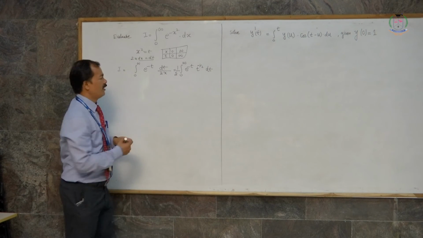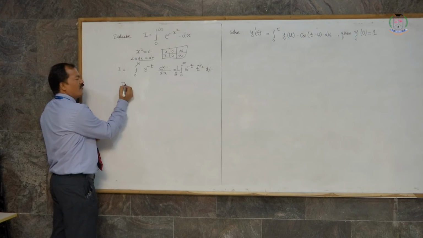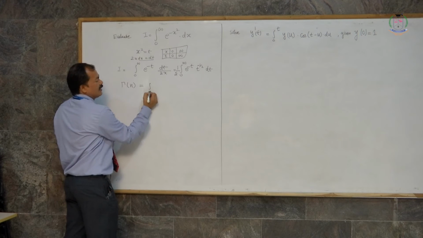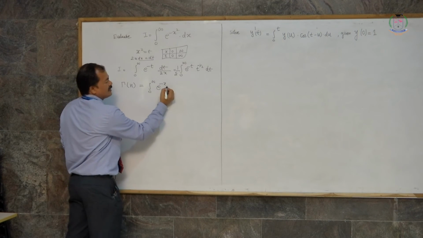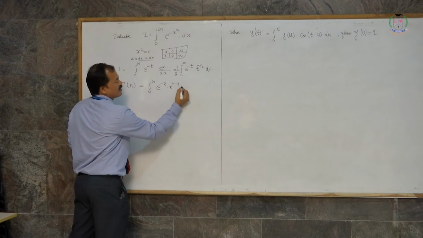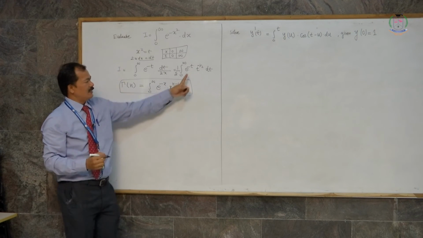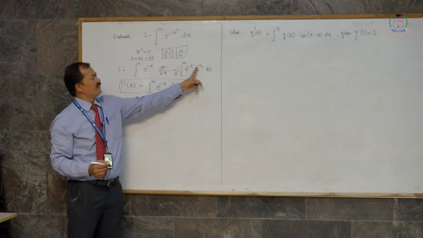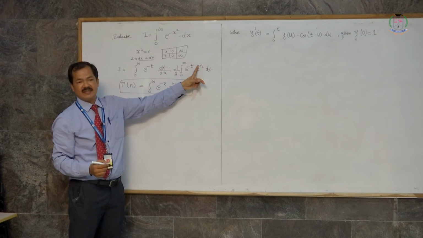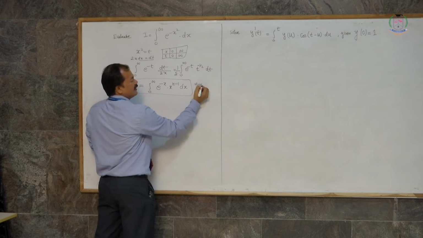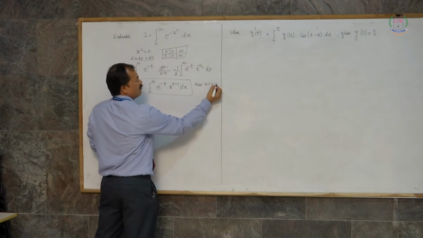Now, as we all know, the gamma function, gamma of n, is equivalent to the integral 0 to infinity e power minus x into x to the power n minus 1 into dx. Just compare. So, n minus 1 is equivalent to minus half.